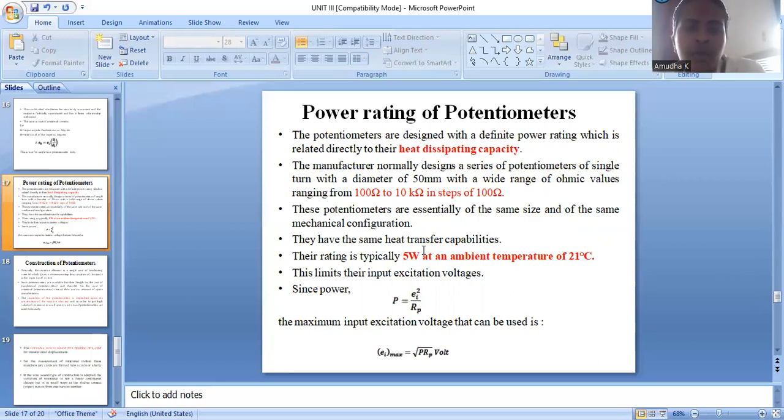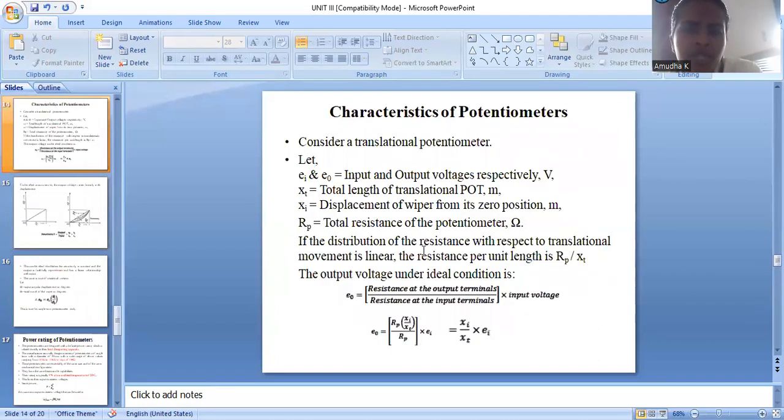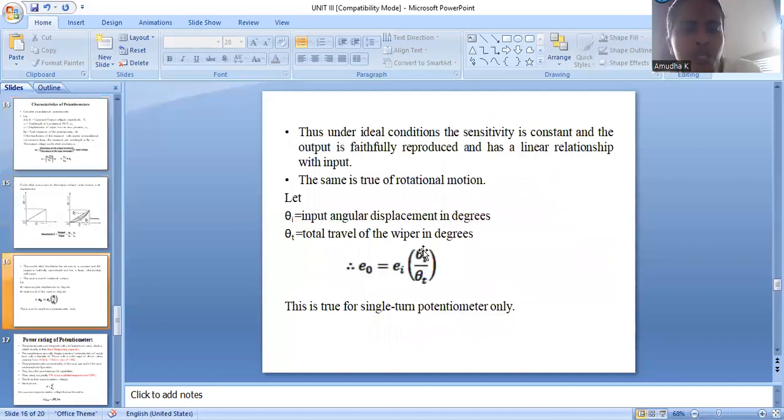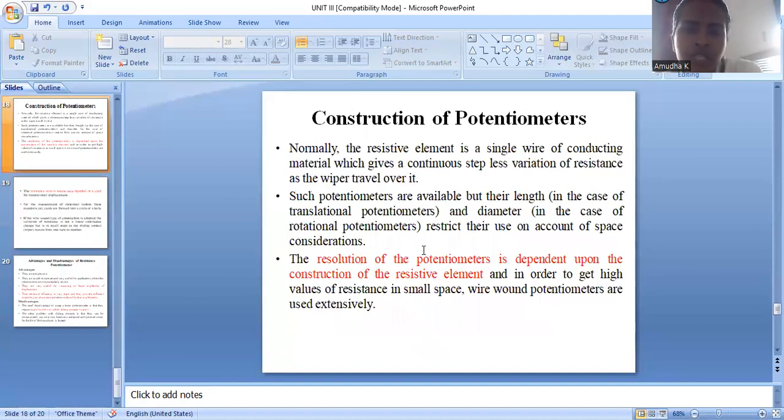The rating of that potentiometer is typically 5 watts at an ambient temperature of 21 degrees Celsius. Generally the power is equal to the input voltage squared by R_p, where R_p is the total resistance of the potentiometer. So the maximum input excitation voltage can be found by the square root of P times R_p, in volts.